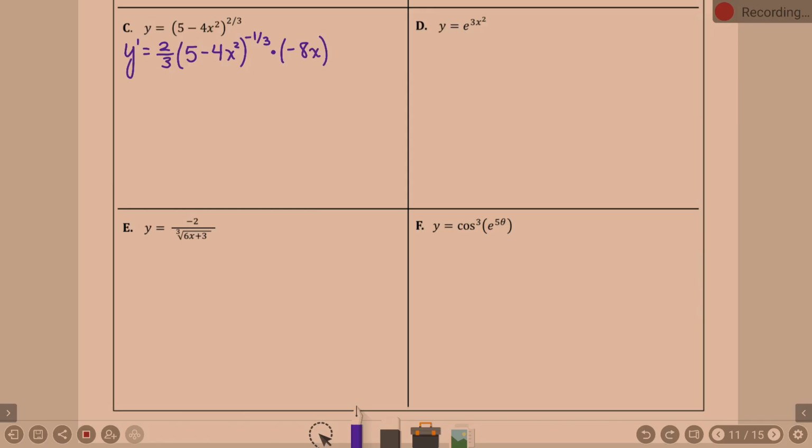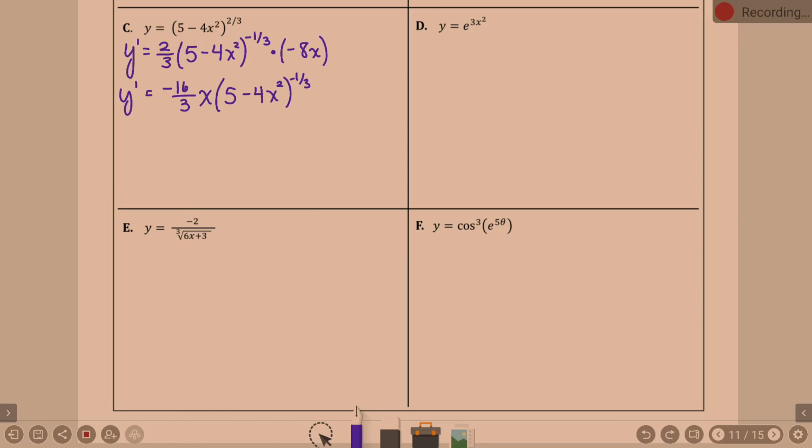Okay, I like it so far. Y prime equals 8 times 2 over 3, negative 16 over 3. Yeah, if we think 8 over 1 times 2 over 3. Negative 16/3 x times 5 minus 4x squared raised to the negative 1/3.